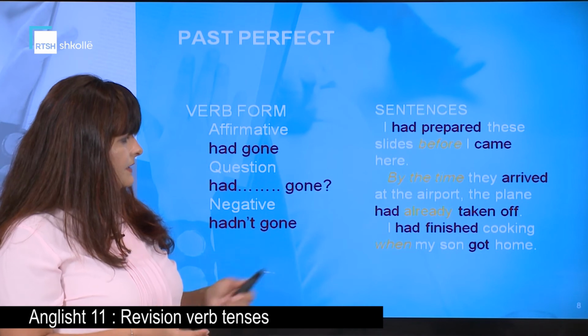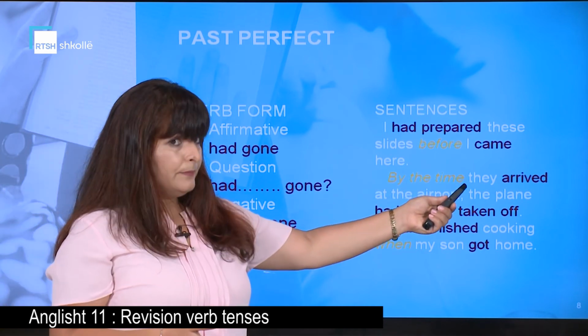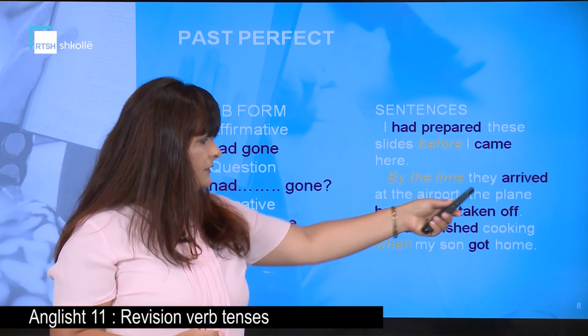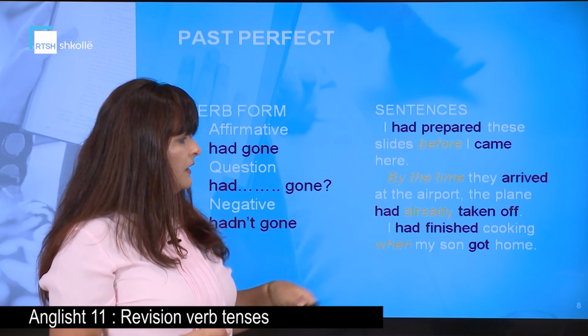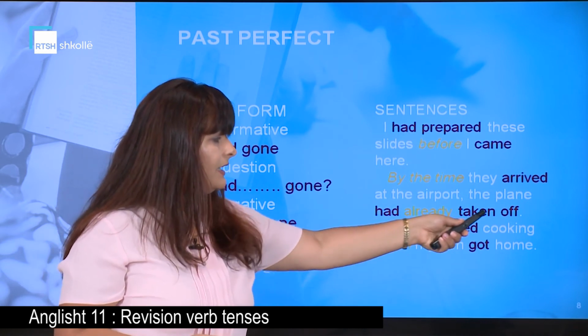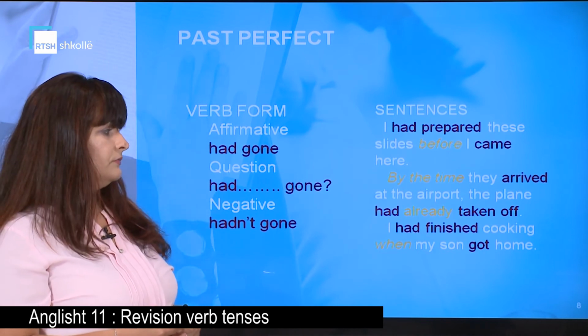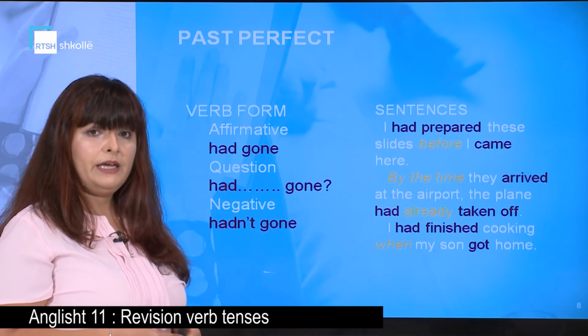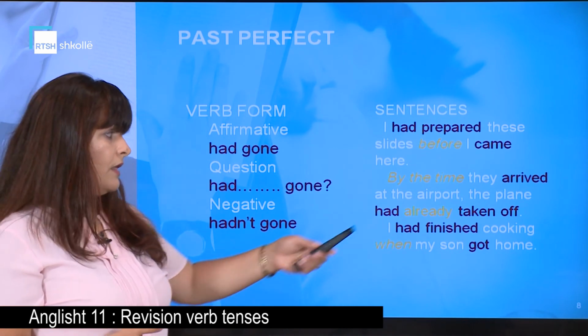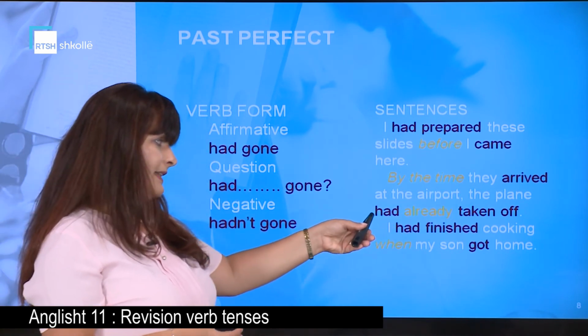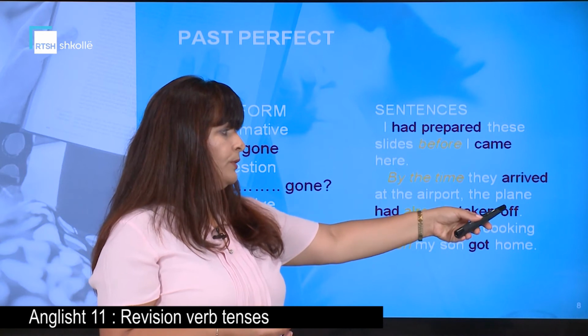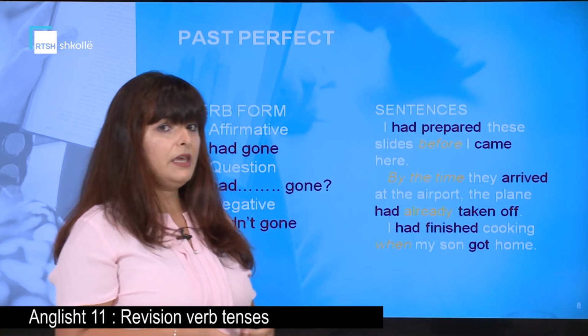Another sentence is, by the time they arrived at the airport, the plane had already taken off. So, they lost their plane because the plane had taken off before they arrived. They were too late.